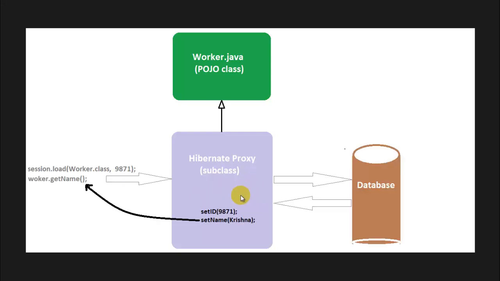After that we are calling the getter method. At this level Hibernate is making a call to the database and collecting the row information, and it is storing the row information in the proxy class. We are just loading this information from the proxy class. So this is what is happening inside the Hibernate.